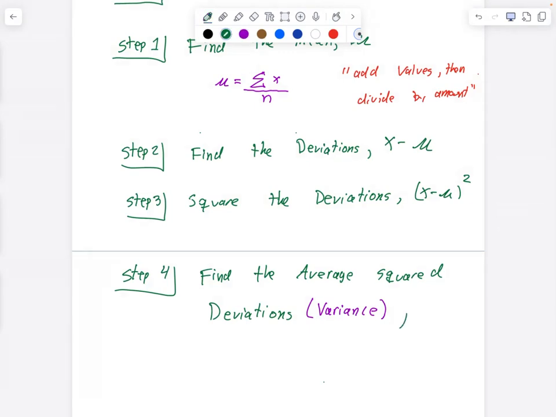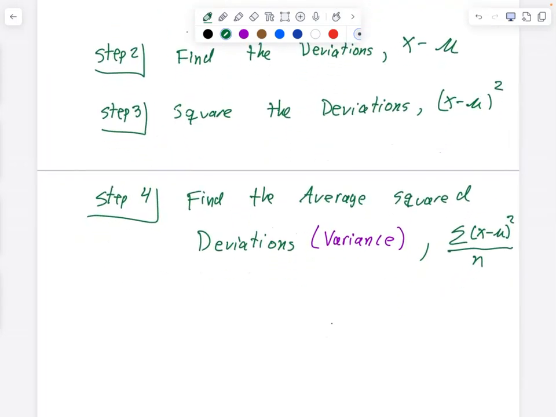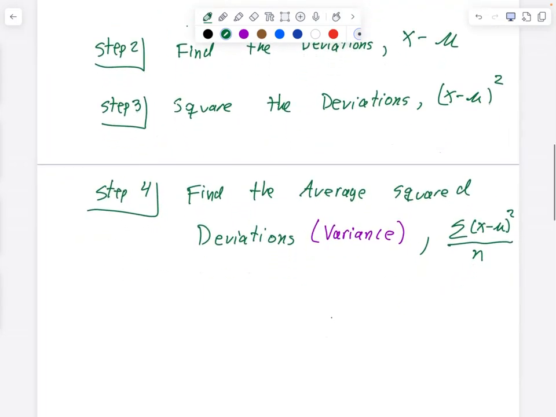Find the standard deviation by taking the square root. So this is where we take sigma equals the square root of what we just got.